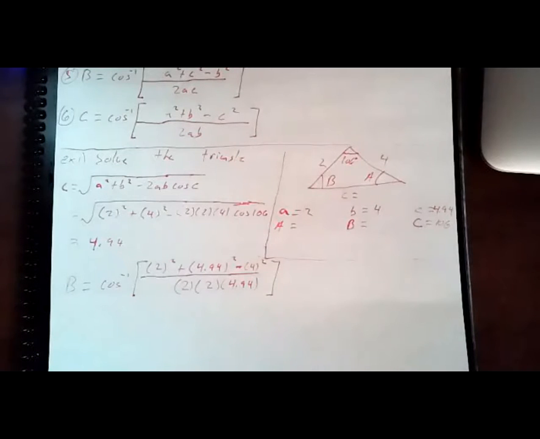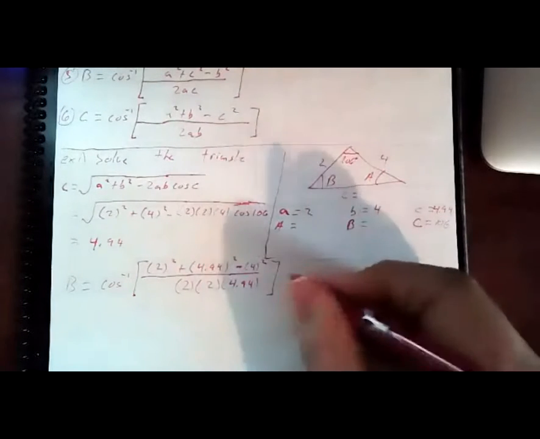So 4 plus 4.94 minus 16 over 4 times 4.94. I got a negative 74.837. I don't know if that's right. Should be positive.